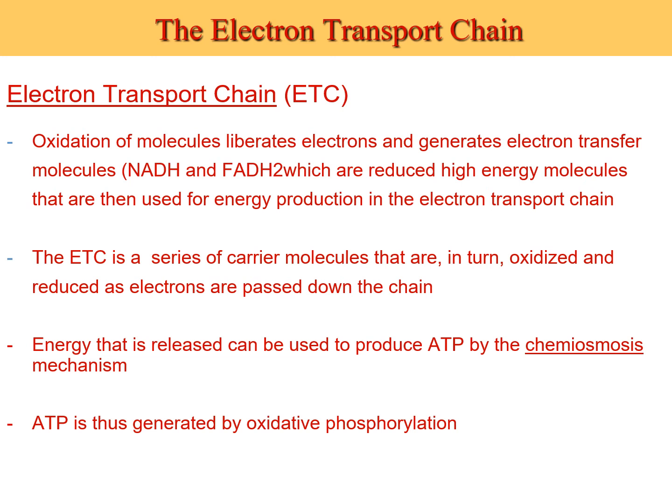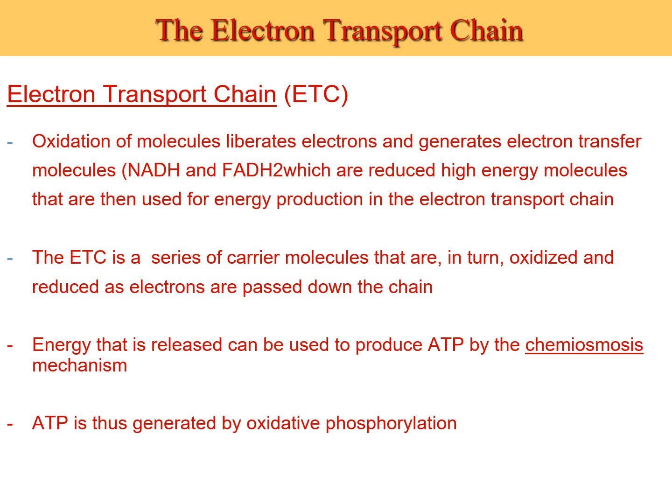It's used in an interesting kind of, at least I think it is interesting, series of reactions that involve carriers, redox reactions, oxidation reduction reactions, and chemiosmosis. The electron transport chain refers to a series of carrier molecules that pick up an electron and then pass it along. So they're picking it up and releasing it, picking it up, releasing it.